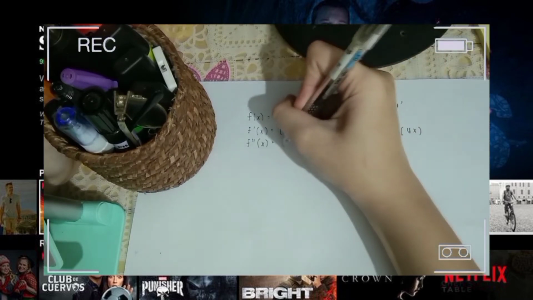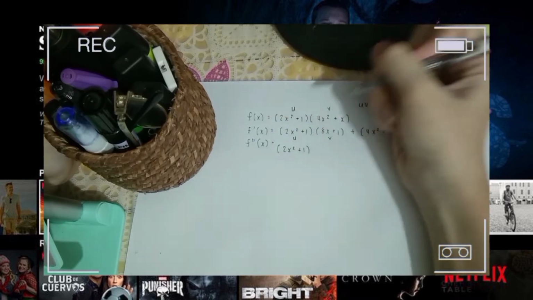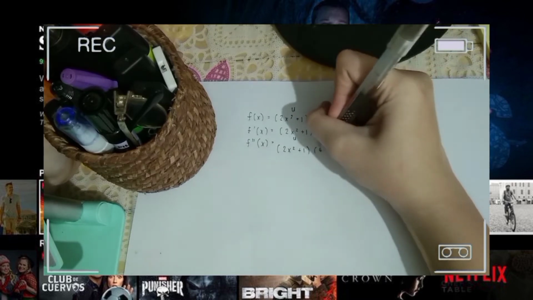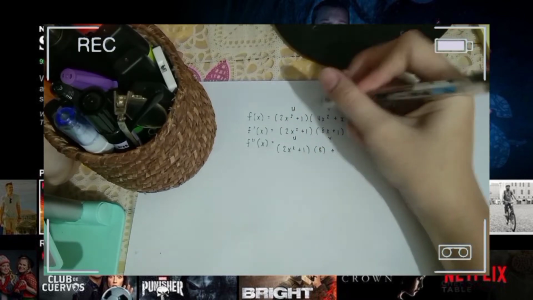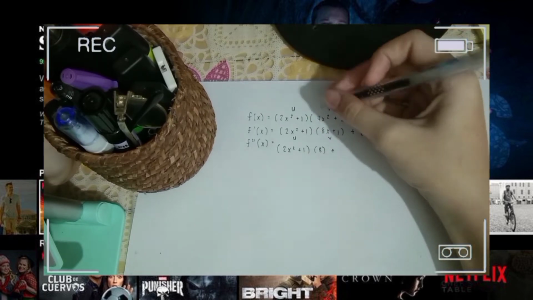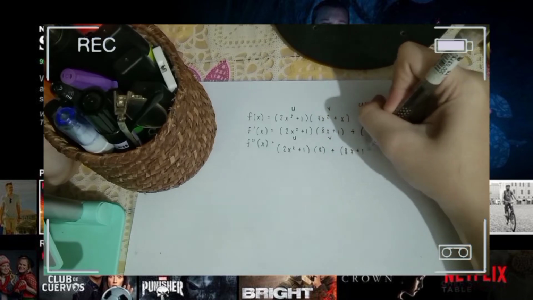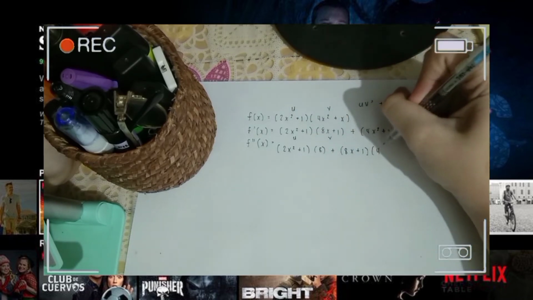So we'll have the first function, 2x squared plus 1, multiplied by the derivative of the second function, which will be 8, plus the second function, 8x plus 1, and the derivative of the first function, which is 4x.